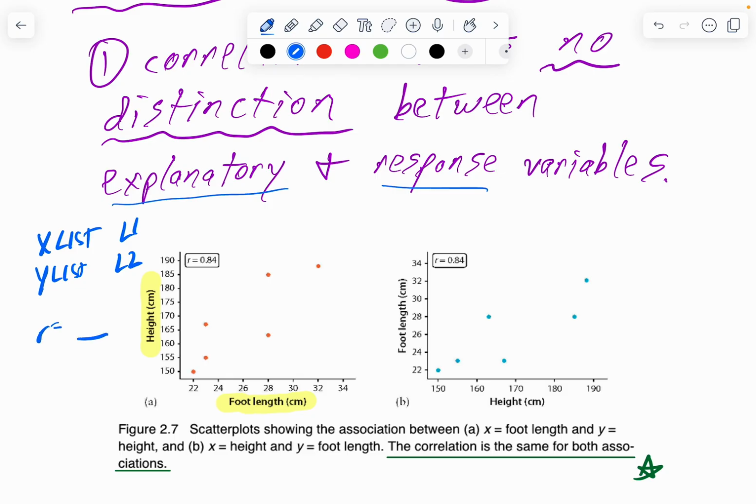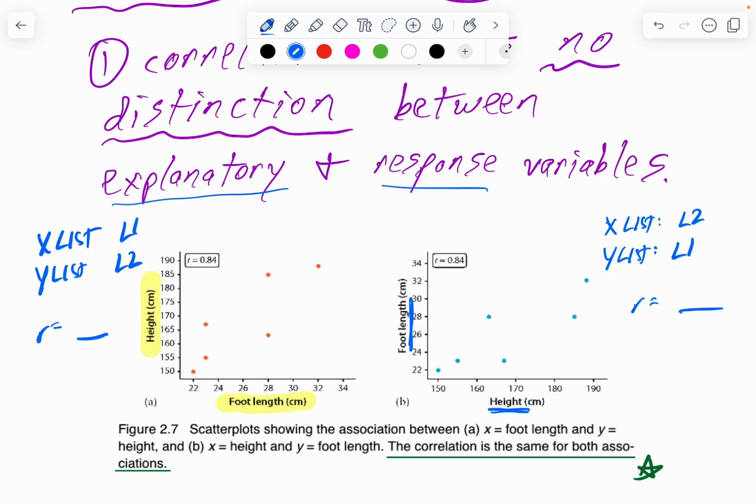But let's say we switched it, and we put height on the horizontal axis and foot length on the vertical. Well, if you switch your X list and Y list in the calculator, the value of the correlation coefficient doesn't change. If there's a relationship between foot length and height, there's also the exact same relationship between height and foot length.